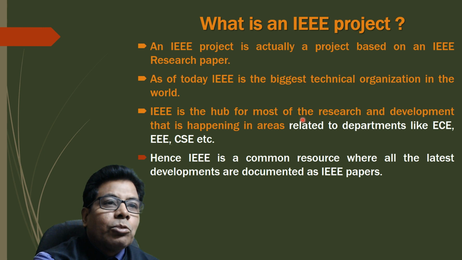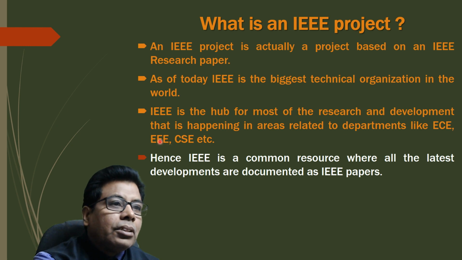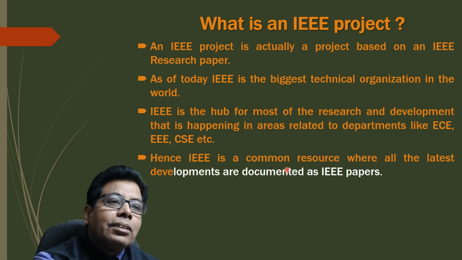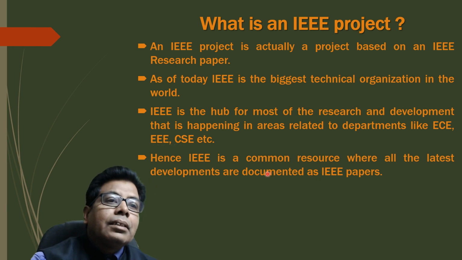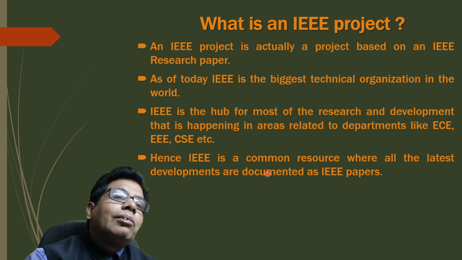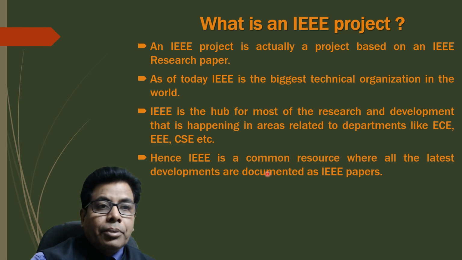IEEE is the hub of most of the research and development that is happening in areas related to departments like electronics and communication engineering, electrical engineering, computer science, IT, etc. Hence, IEEE is a common resource where all the latest developments are documented as IEEE papers. So, of course, you have to understand the paper, and only then will you be able to do a project based on these IEEE papers.